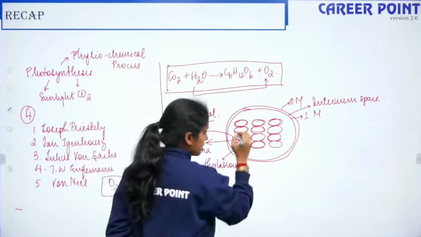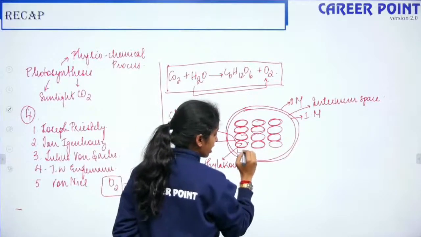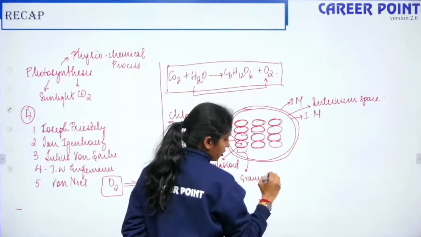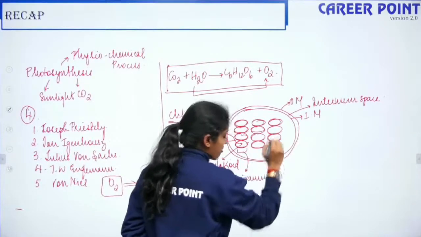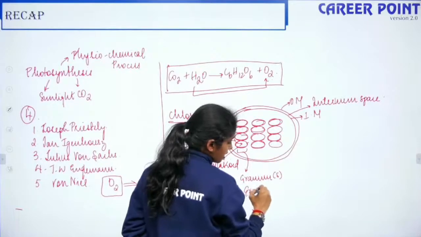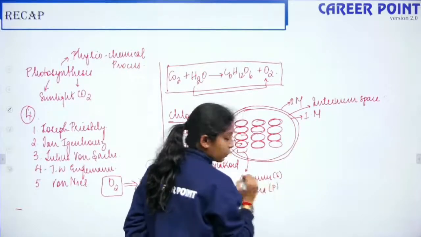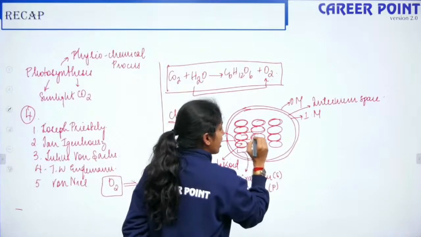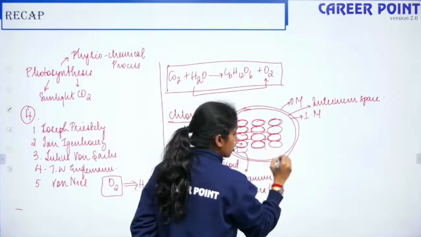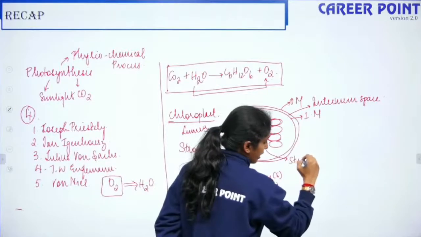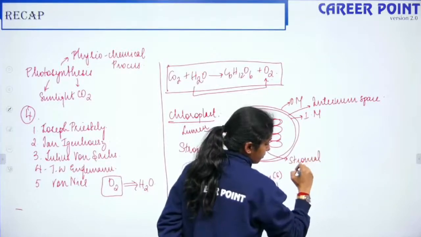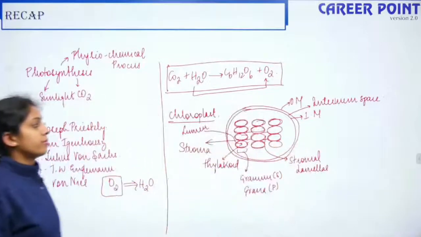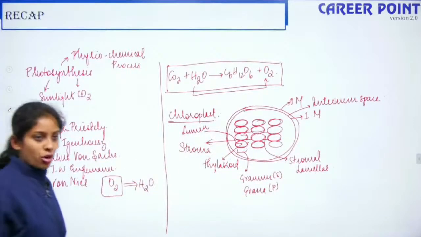Fine. One stack of thylakoids is called a granum. Granum is singular. If you have many stacks arranged, they are called grana. Grana is plural. The grana are connected together by what is called stromal lamellae. Fine. So this is the structure of your chloroplast.